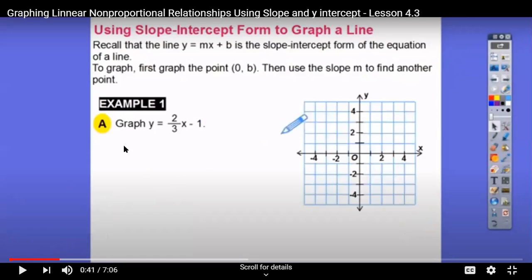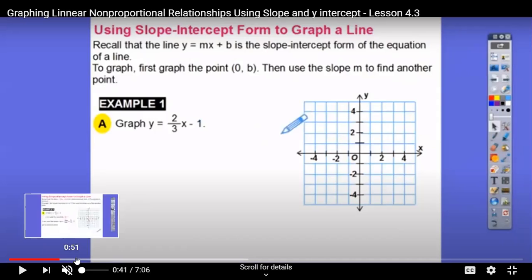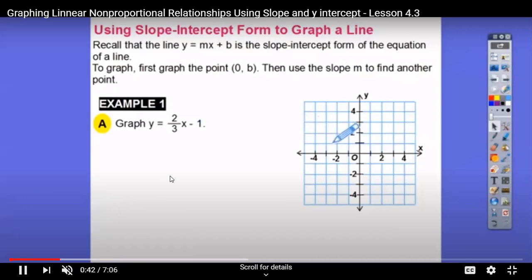Example: graph y equals 2/3 x minus 1. As I said, first, where is the y-intercept? We said we have to put 0 and then we will use b, which is negative 1. Then we plot the point (0, -1).